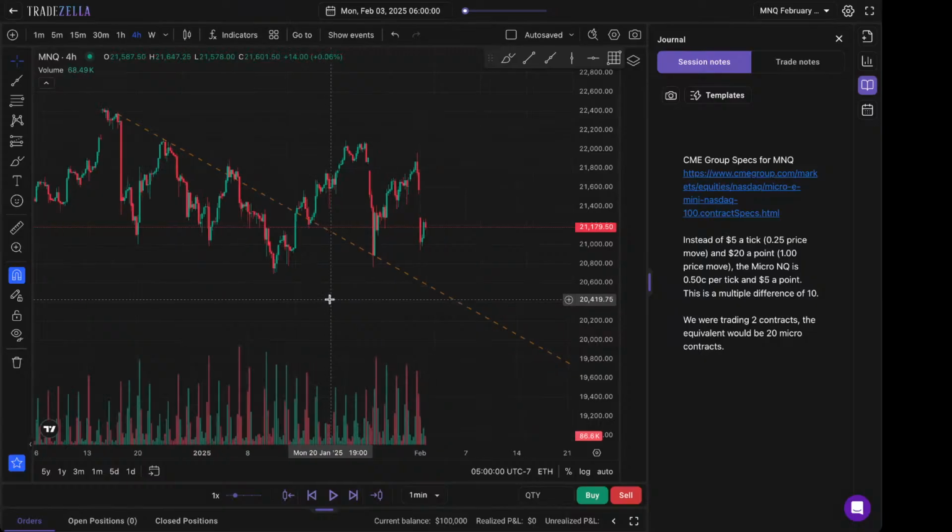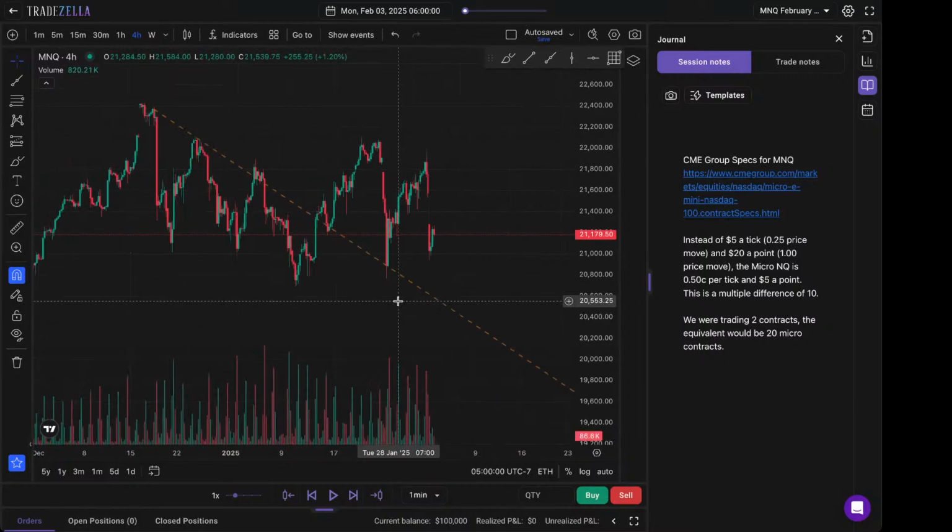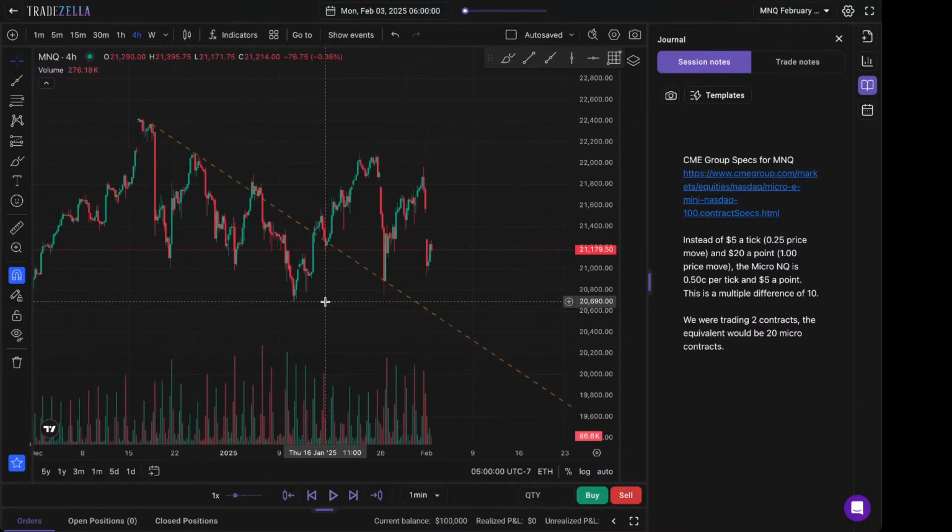We're not too worried about getting this perfect. We're just trying to get a feel for where the price could react. Nothing is for sure in the market. The market will do whatever it wants. We just do an analysis on where price has reacted previously and anticipate that price could react there again similarly.